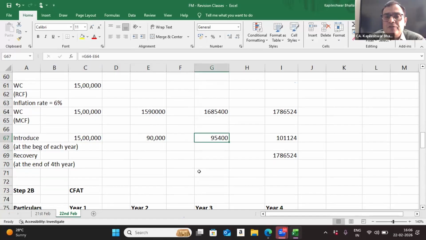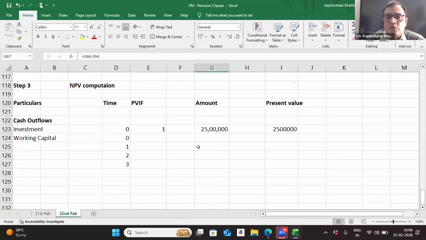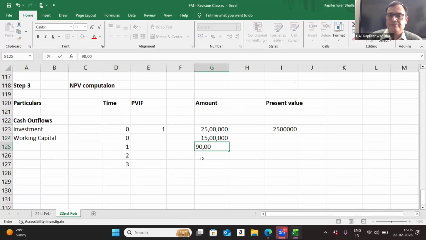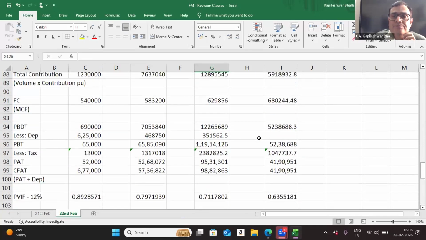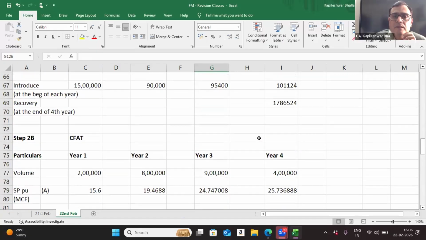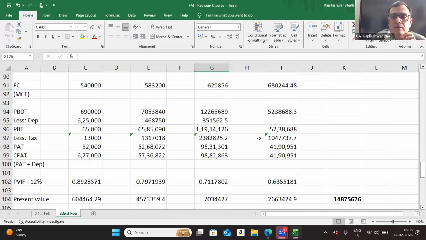So let's take 15 lakhs. Then I think it is 90,000. And then there is more information. This is 95,400.